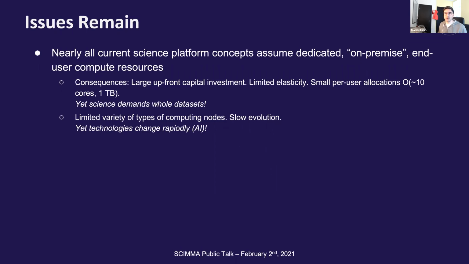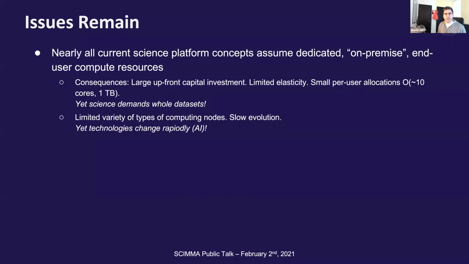So then you get small per-user allocations, and in some of the early work we've done when sizing this for LSST, we found that we could afford about one server per user, so an order of 10 to 20 cores per user, an order of a terabyte of data per user, and that becomes unsatisfactory.